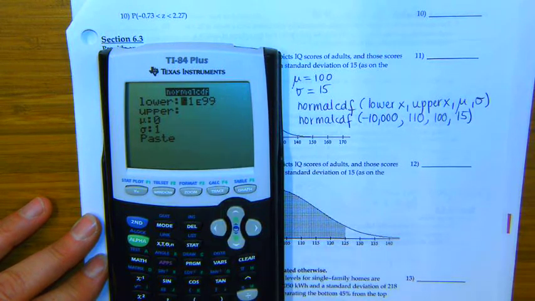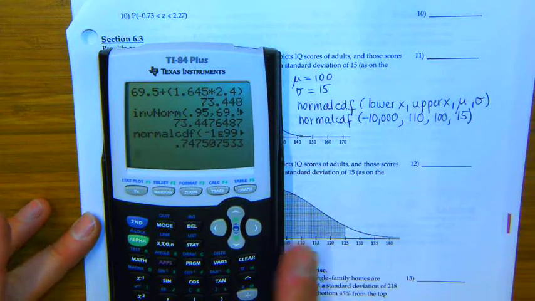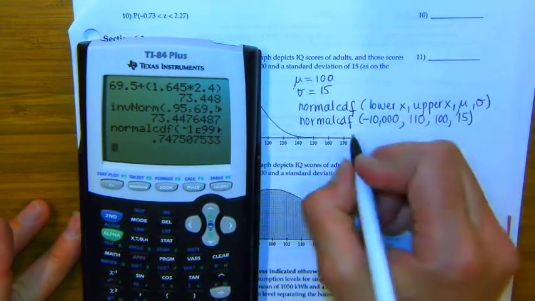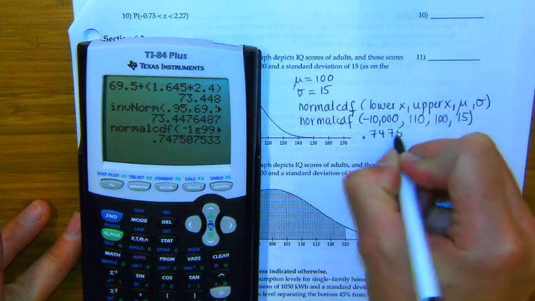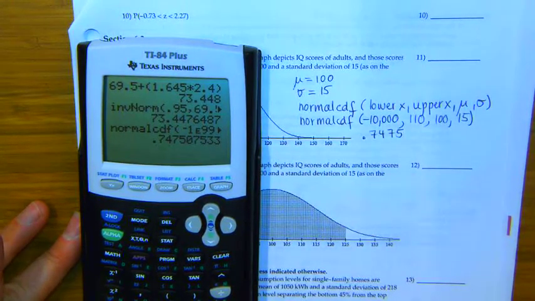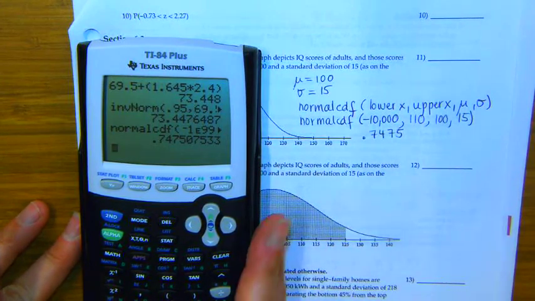So it's a very negative number, so you don't have to change that. Our upper one is going to be 110. Our mean is going to be 100, and our standard deviation is going to be 15. We hit enter twice, and we end up with an area of 0.7475. And just remember that we always round this to 4 decimals. Okay?